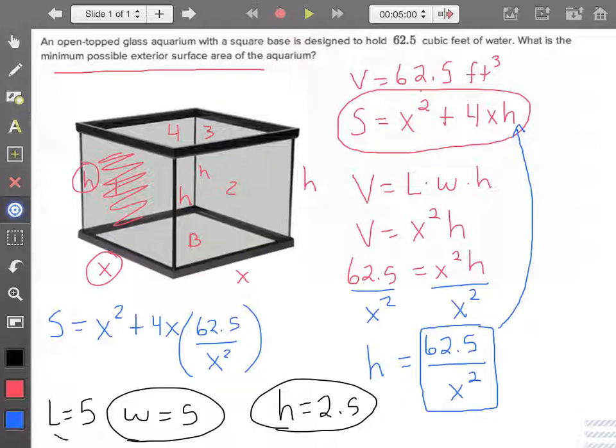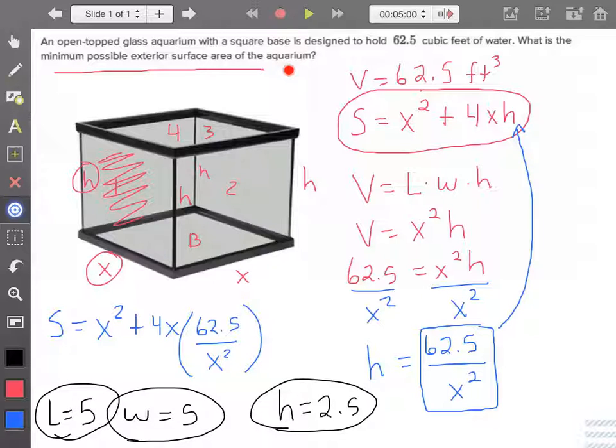And with these dimensions, what we did was we minimized the possible surface area of the aquarium. And so you can see right here the question, but we still hadn't answered the question. What is the minimum possible exterior surface area of the aquarium?